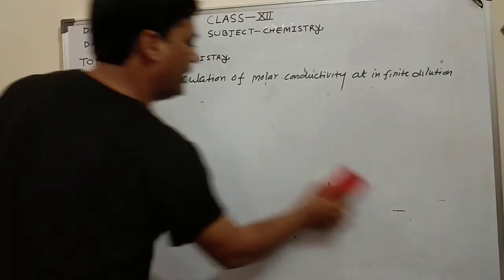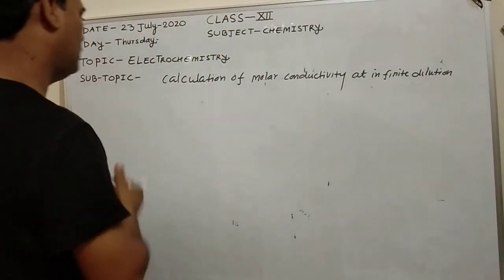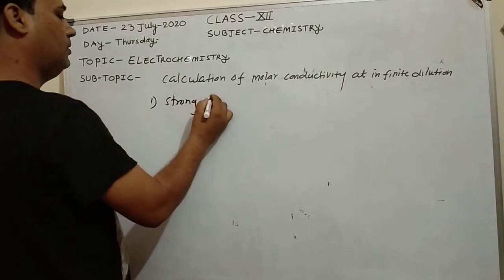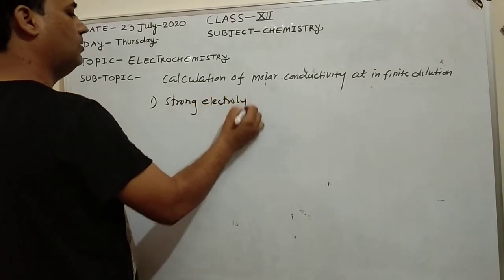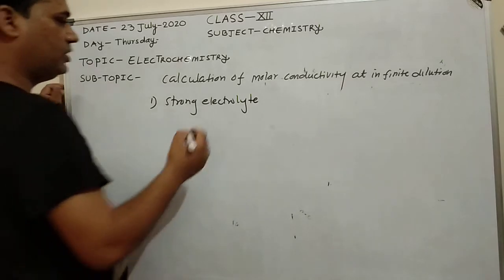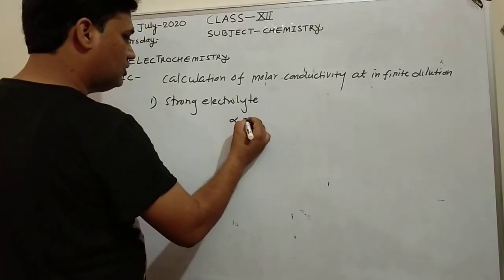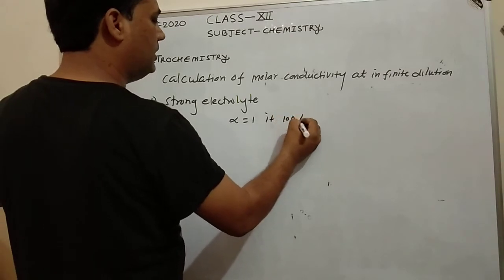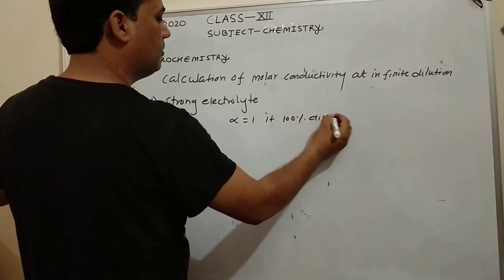For strong electrolyte, the degree of dissociation alpha is equal to 1. That is, it dissociates 100%.